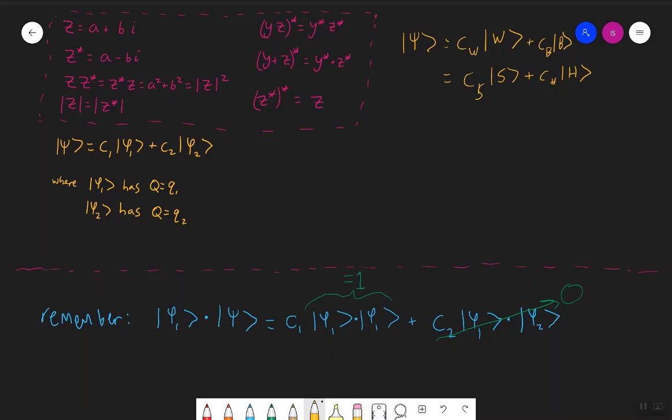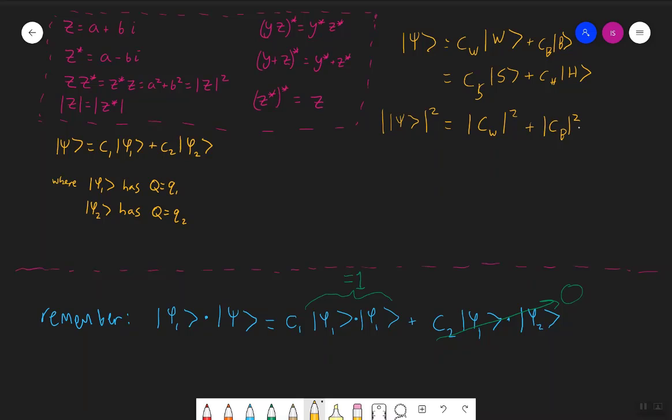Now we know that the magnitude squared of psi is the magnitude squared of a complex vector. These are unit vectors. It doesn't really matter if the unit vectors are real or complex. The magnitude squared is the sum of its components' norms squared. So the norm of C white squared plus the norm of C black squared.